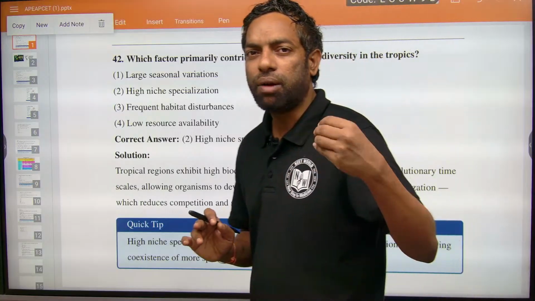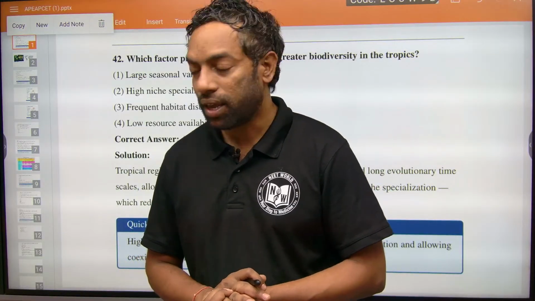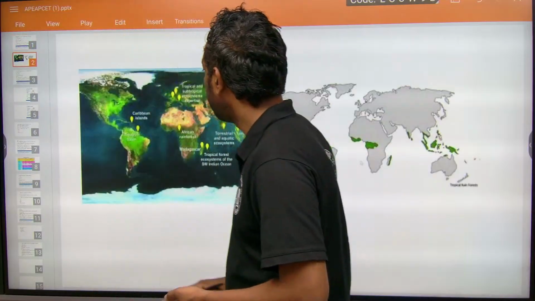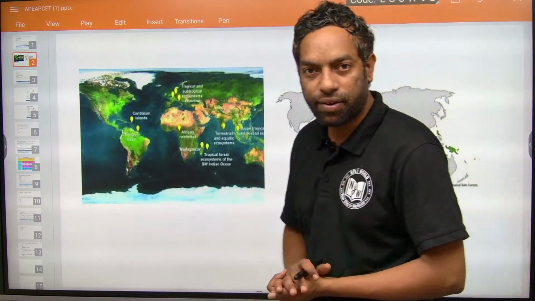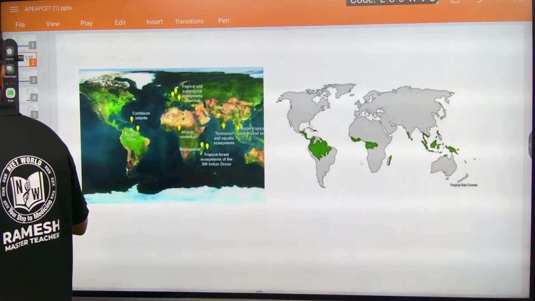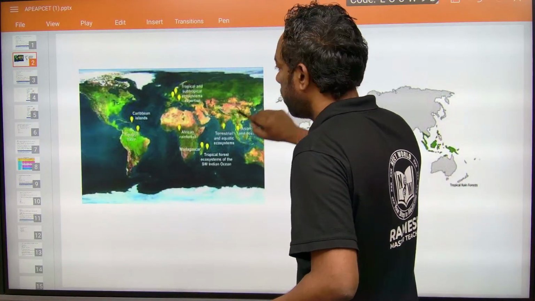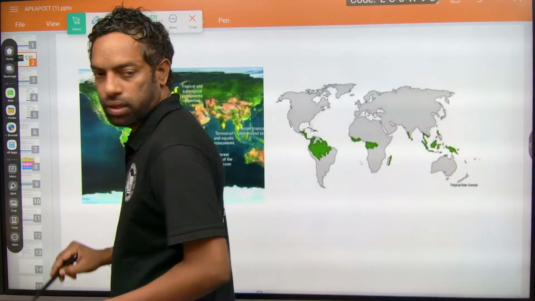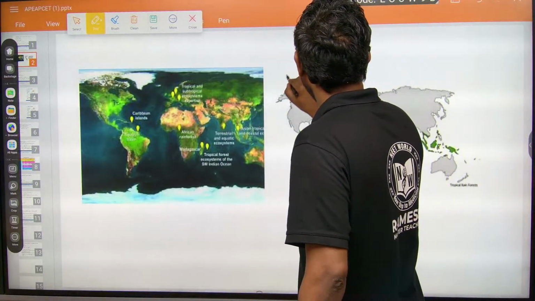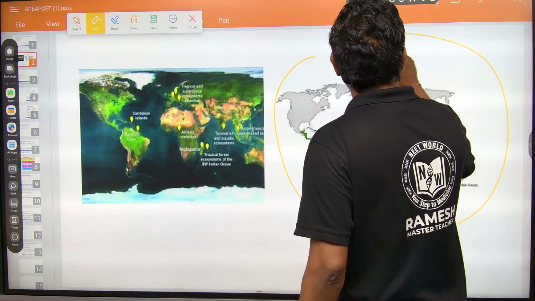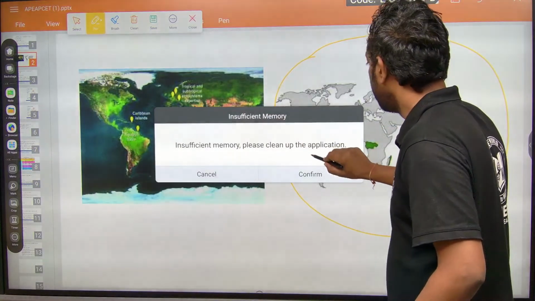First of all, you need to know what the greater biodiversity in the tropics means, and what the tropical area in the globe is. Which latitude is the tropical area? If this is the globe, this is the equatorial region.